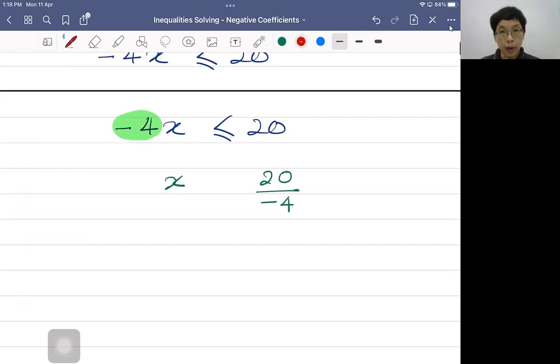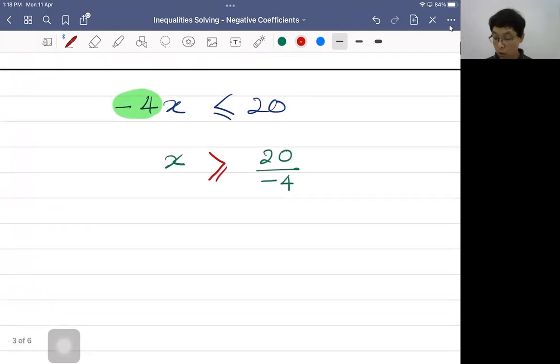May I just put in a little bright red color to draw your attention? From lesser or equal, now we change to bigger or equal. Now with that, we conclude that x is any number bigger than or equal to negative 5. And that's it. All right.